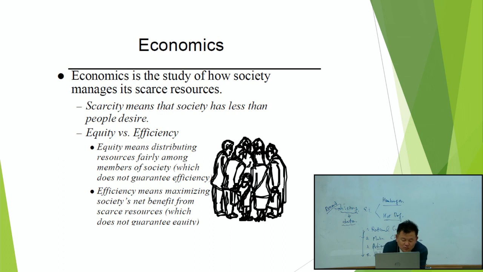So how do we manage scarce, limited resources? Scarcity means that society has less than people desire. People want a lot, but society actually has less. How do we allocate economic resources, limited or scarce resources, like money?